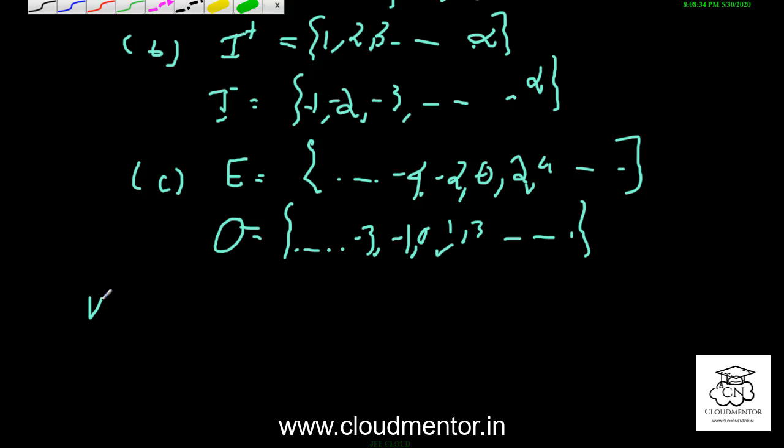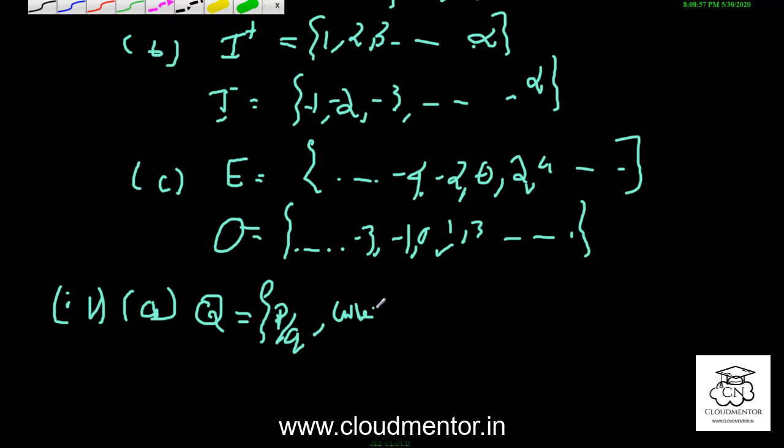So now let's look at the rational numbers. The set of all rational numbers can be represented by capital Q. All rational numbers can be included by capital Q, that is p by q, where p and q are integers, and q is not equal to 0.